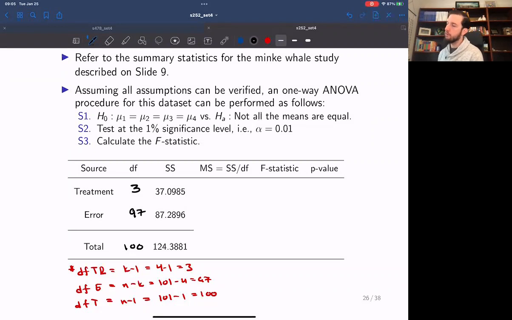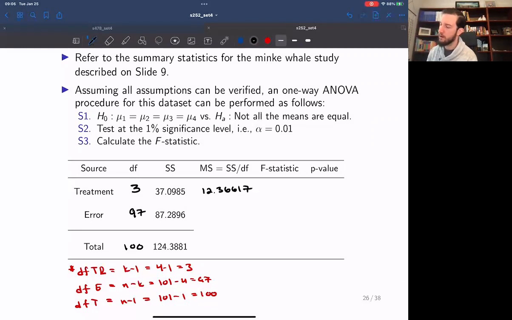Okay. So now we can compute the mean squares. We actually only need the mean squared treatment and the mean squared error. We don't need mean squared total because it doesn't contribute to the F statistic. The mean squares are the sum of squares divided by its DF. So the mean squared treatment is 37.0985 divided by 3, which is 12.36617.